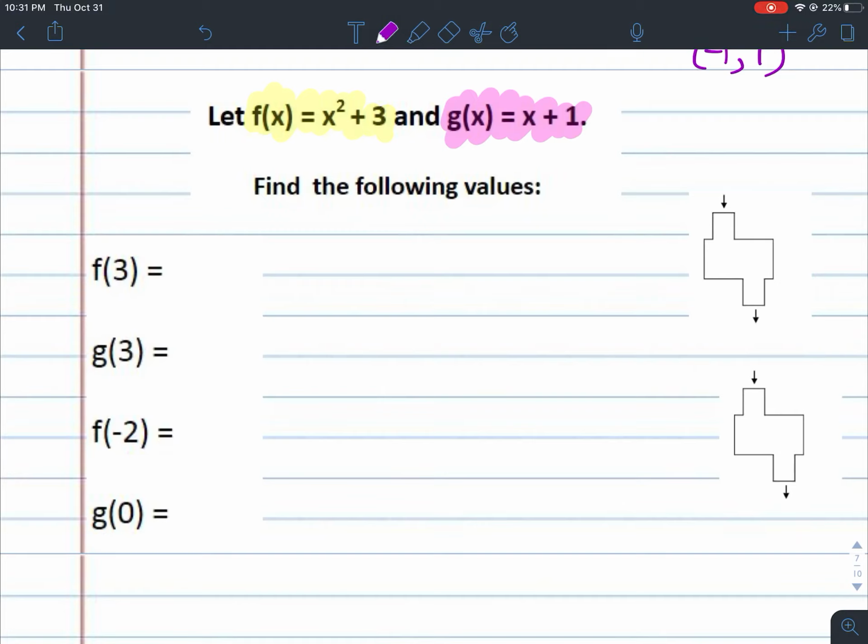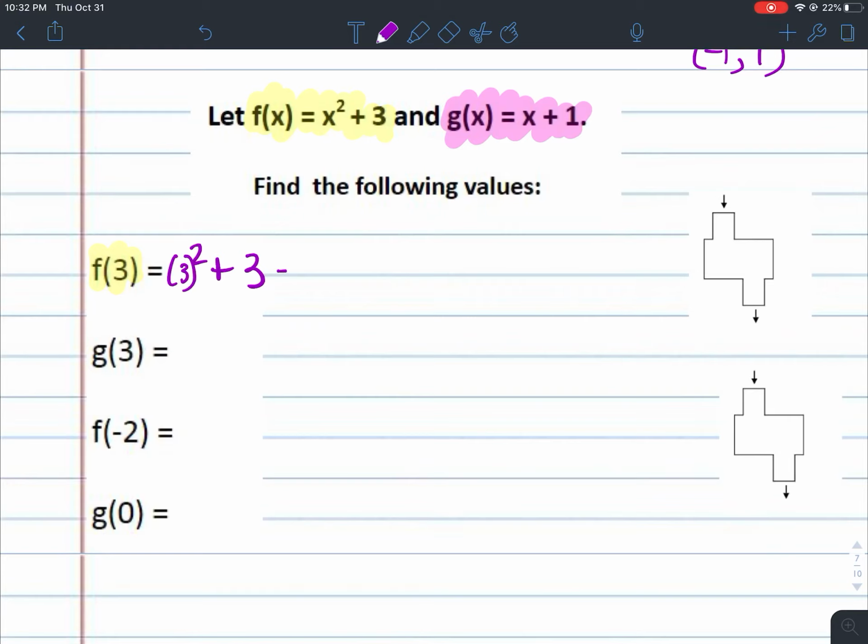So now, when we're talking in each problem, we know who we're talking to. In this one, we're talking to Frank, because it's saying f. So for Frank, we're going to use his function, x squared plus 3. And we're going to take out that x, and we're going to plug in what's in the parentheses, which is a 3. So all we're doing is substituting.